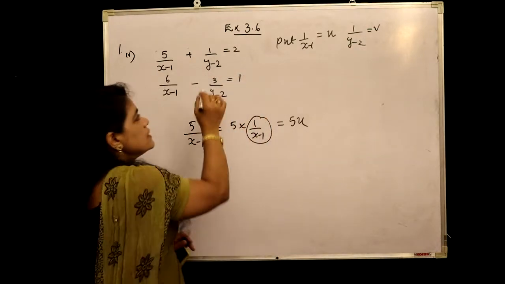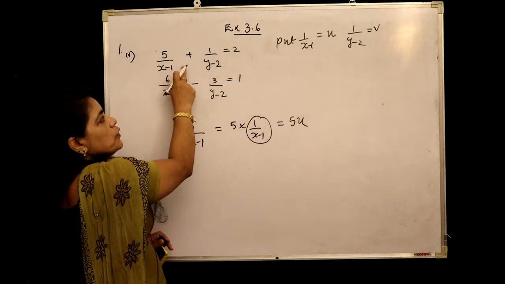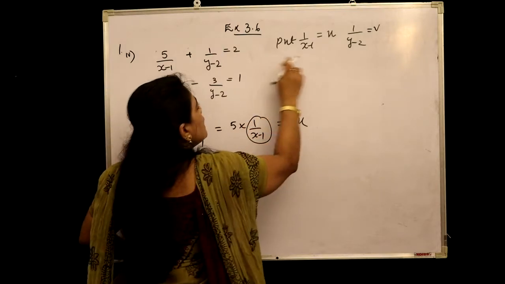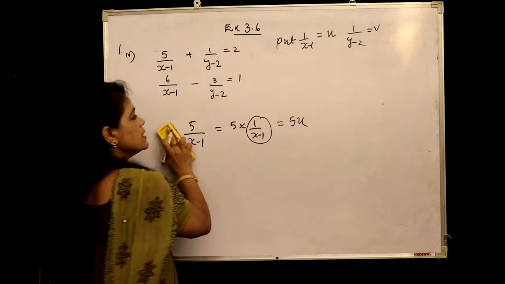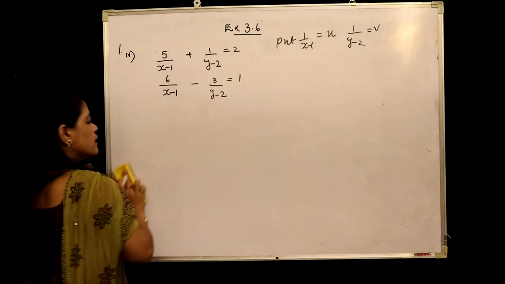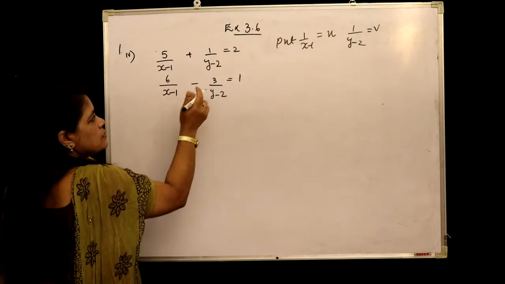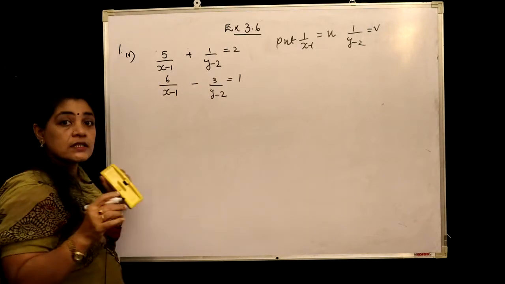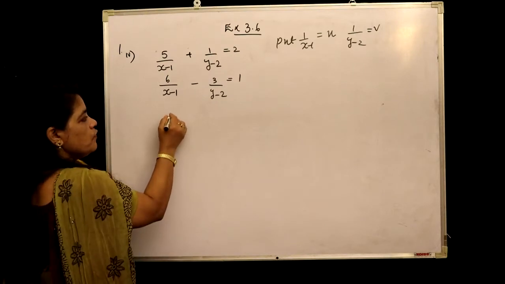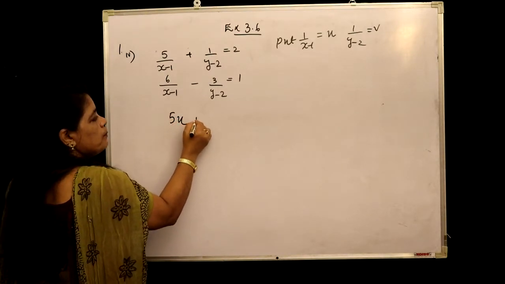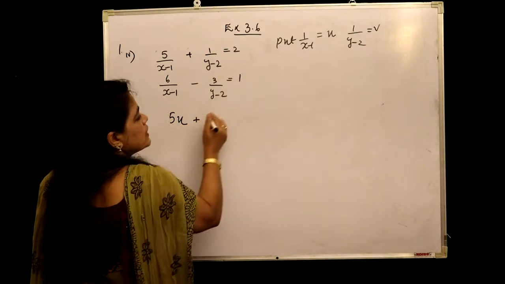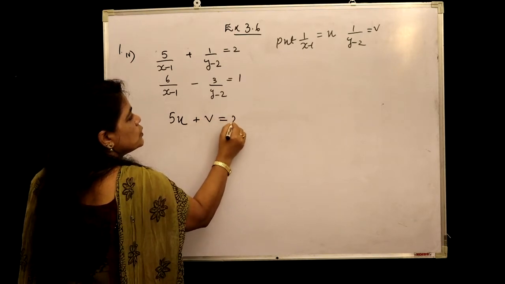So this reduces to the form 5u plus v is equal to 2. That is the first equation after giving the substitution. The given equations become 5u plus 1 by y minus 2, that is v, is equal to 2.